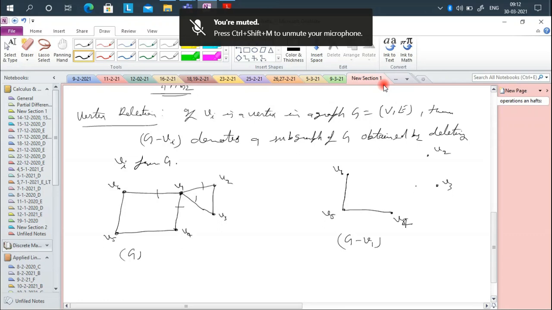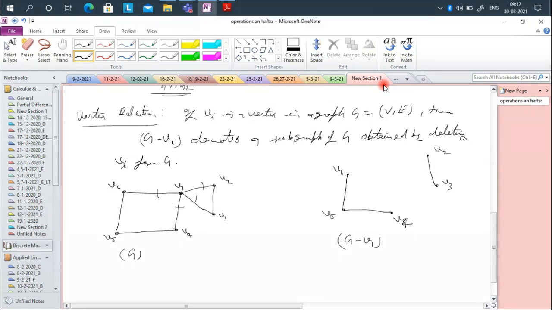So the graph is now like this. Understand how we delete a vertex? Whenever we delete a vertex, we delete all the edges incident at that vertex. Understand?